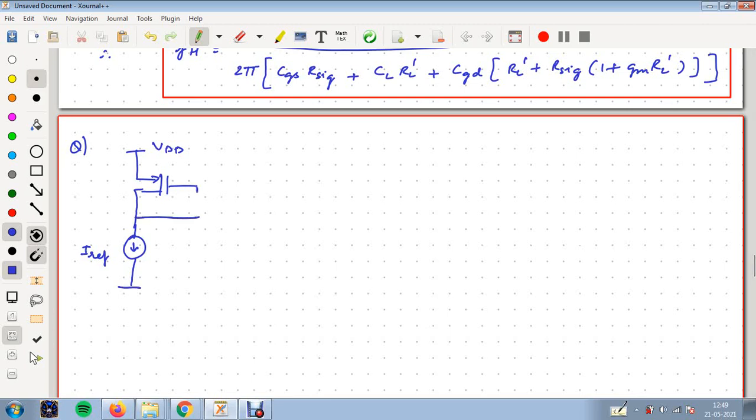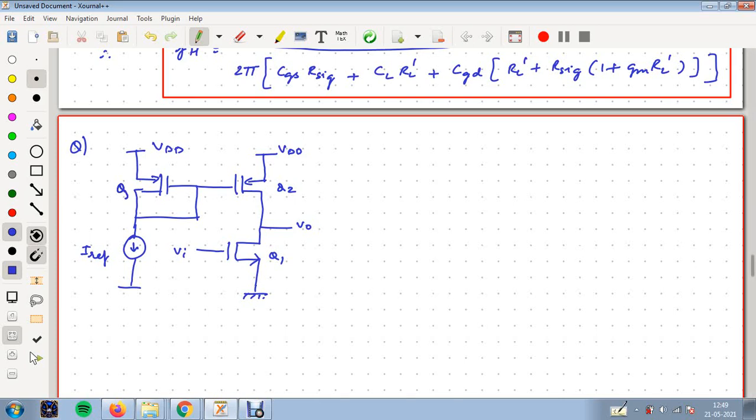Then this gate and drain are shorted. This is VI, V0, this is VDD. So this is Q2, Q1, Q3.